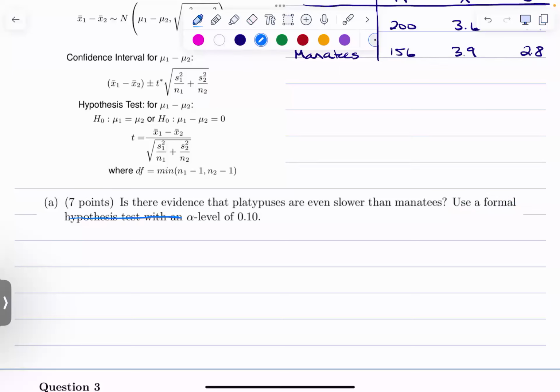Or maybe use an alpha level of 0.1. That's how the question would read. But is there evidence means that you have to do a full hypothesis test. Also, the number of marks kind of gives it away too. Okay.